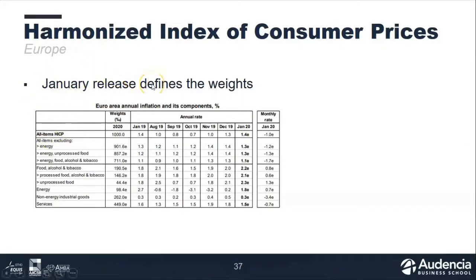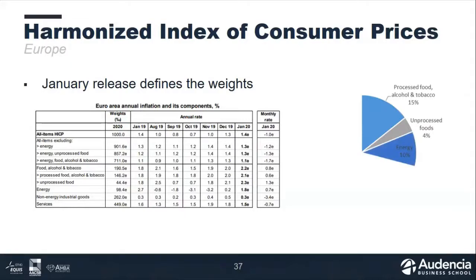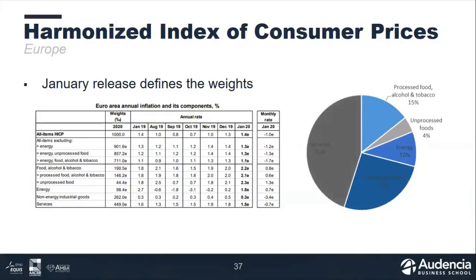Well, what are the weights and what does it represent? Well, we can see right away that alcohol and processed foods represent about 15%, unprocessed foods about 4%, energy is about 10%, industrial goods 26%, and no surprise here, services represent 45% of the Harmonized Index of Consumer Prices in European countries today.